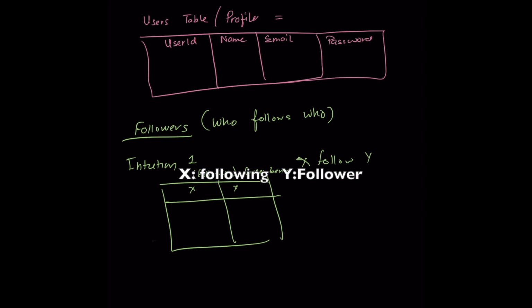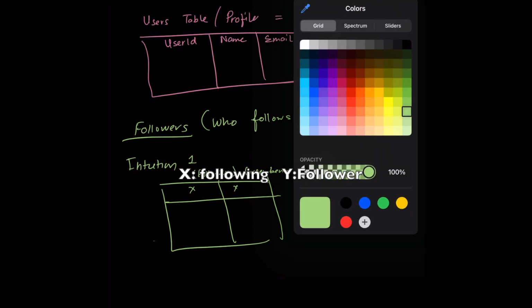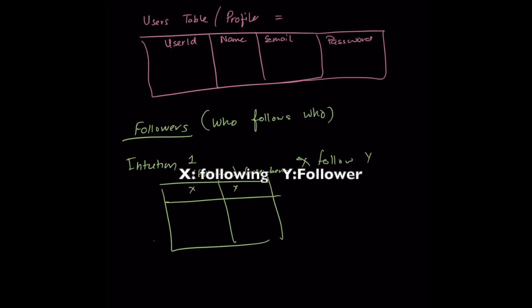And I do an index on Y. So if I have that index on Y, it will be like this. If I am Shivi, I follow, let's say, Drake. I am Shivi and I follow, let's say, Kesha. Okay, and then someone else comes in, let's say Vishal, and he follows Green Day.